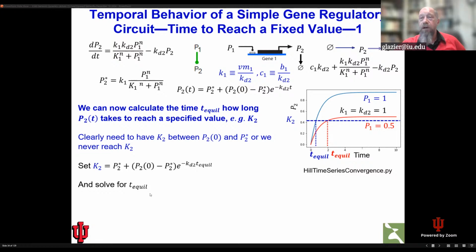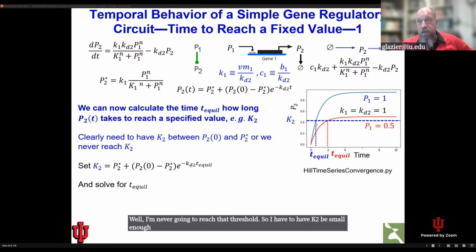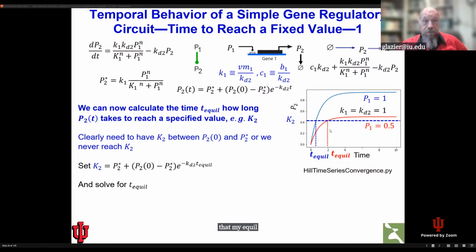And so now I set K2 equal to the output of my first circuit. If K2 is too big, I'm never going to reach that threshold. So I have to have K2 be small enough that my equilibrium steady state is above that. And I solve for that equilibration time.